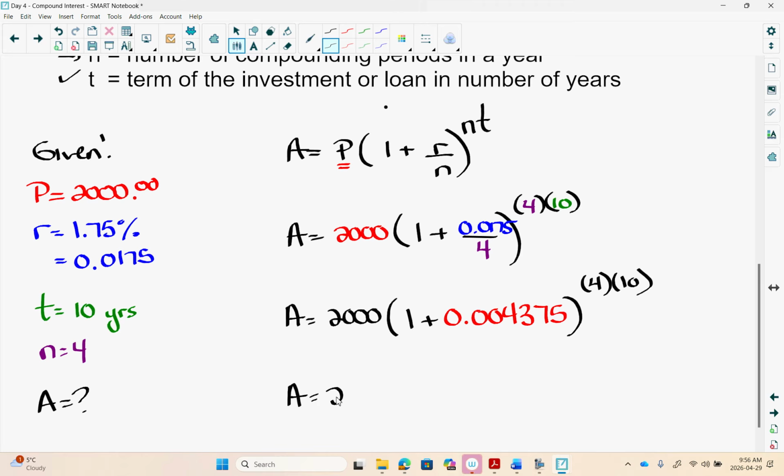Then A would equal, I'm going to finish the bracket. What happens if I add those two numbers? What would I get inside the bracket? Yeah, I'm just going to add 1. So I just left that number in my calculator and I hit +1. That's going to make 1.004375. So the brackets are done.